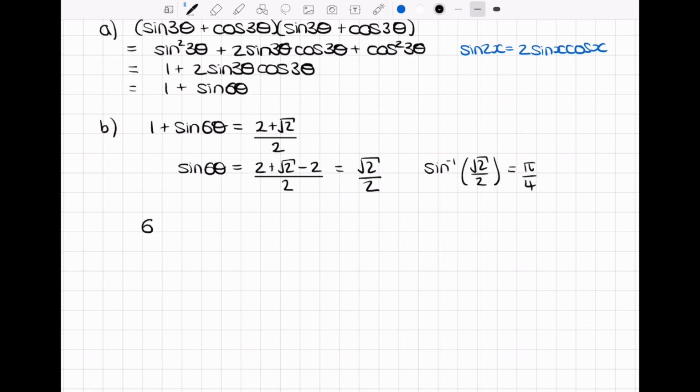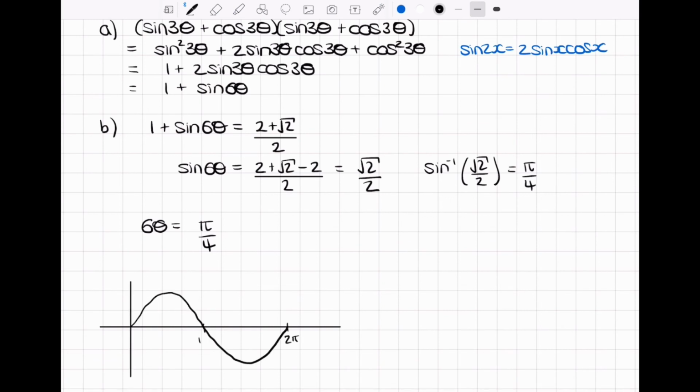So my first solution there is pi over 4 for 6 theta. If we draw our sine graph, we'll be able to see our other solutions too. So we have our first solution, pi over 4.